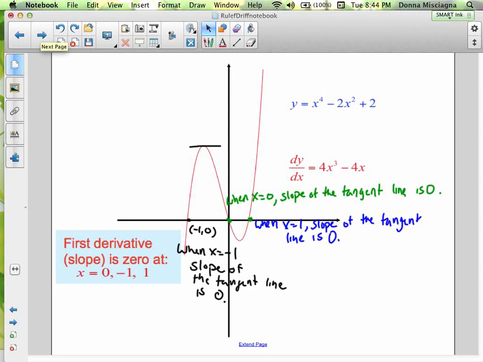Then when x equals 0, the slope of our tangent line is 0, and we have one at 1. Well, that's odd. If we look at our original function, it doesn't look like we have a horizontal tangent at 0.